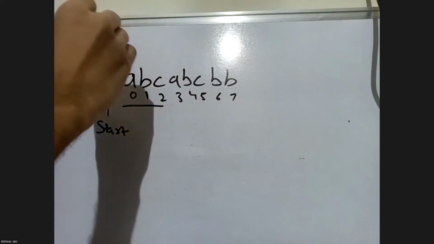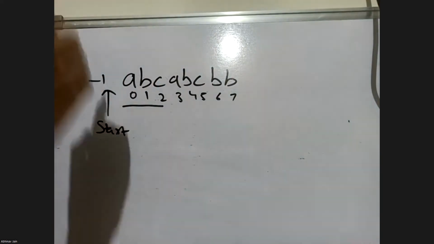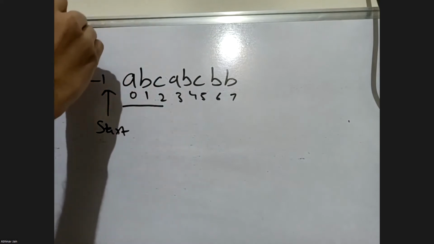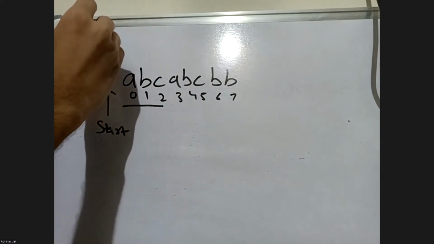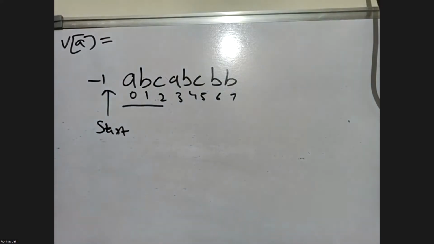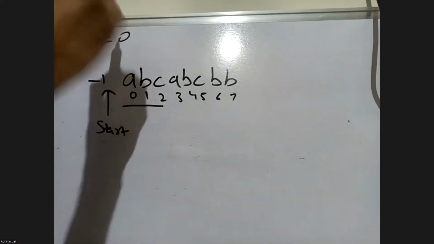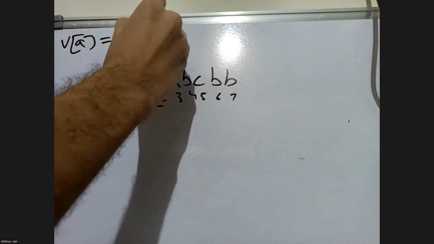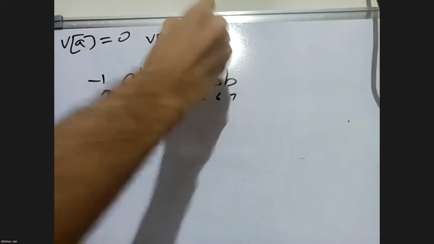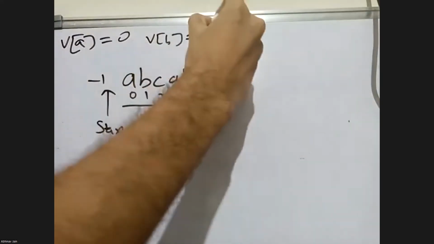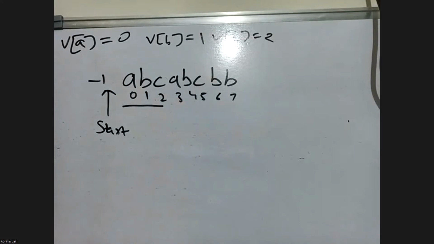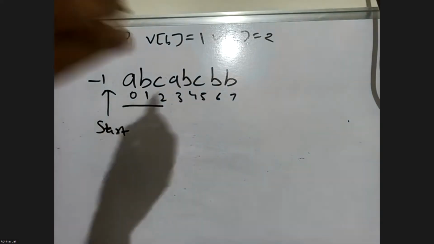As we go through this array, we will give v of a the value of its index 0 in our first iteration. In our second iteration, v of b will get the value 1. In our third iteration, v of c will get the value 2.